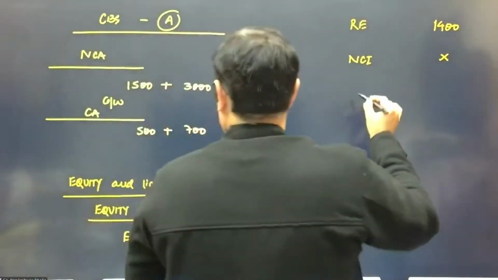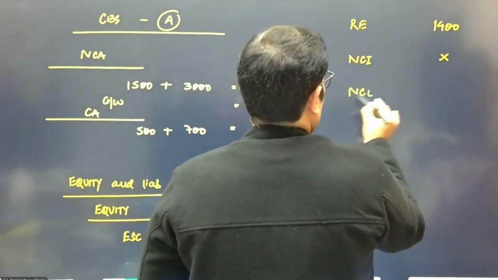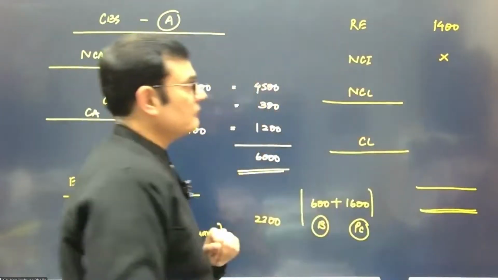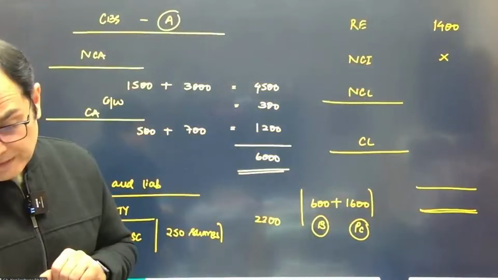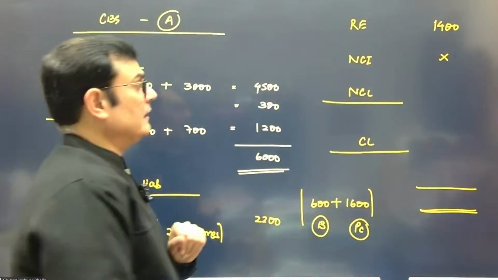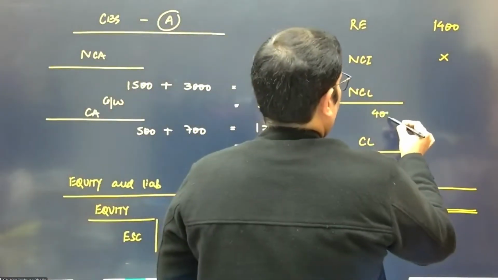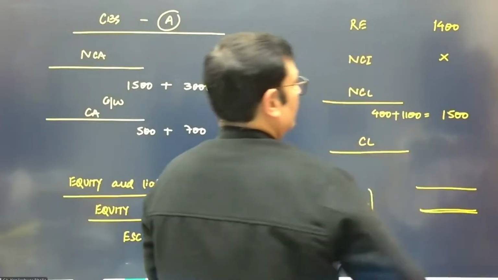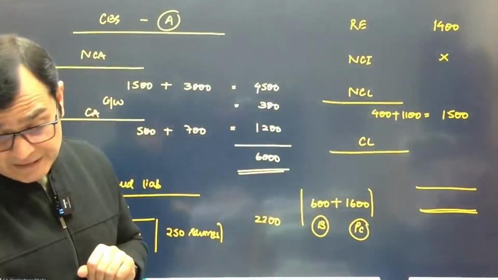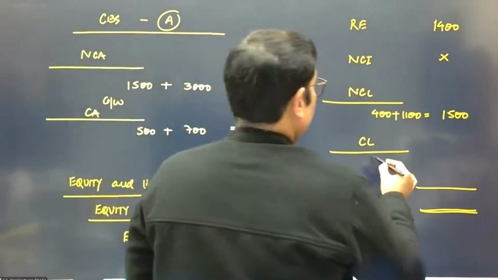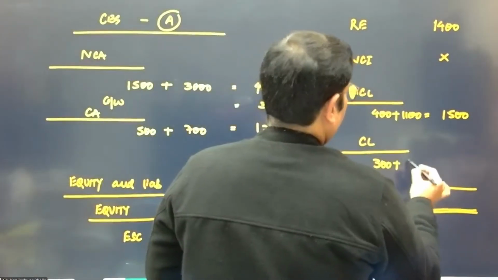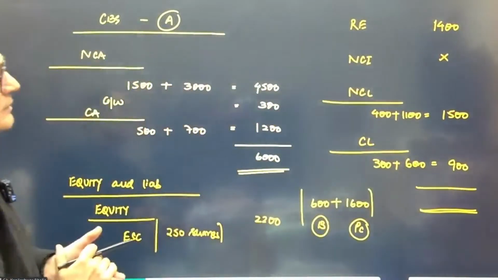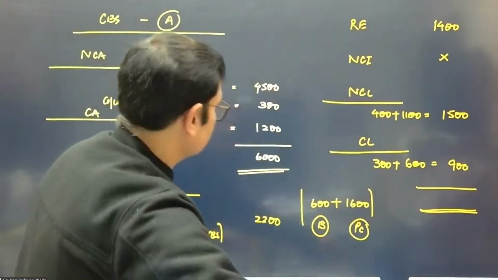And then we are given the non-current liabilities and the current liabilities as well. As far as the non-current liabilities are concerned, it is A plus B, 400 plus 1100, that makes it 1500. And the current liabilities are 300 plus 600, that makes a total of 900. So let's see, is the balance sheet agreed at 6,000 or not?